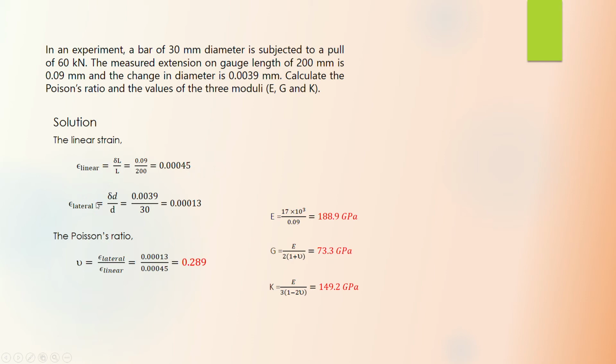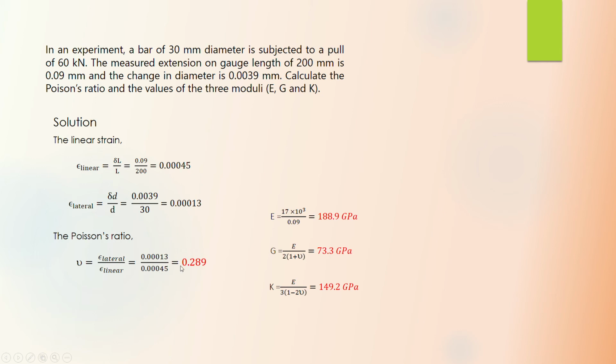And for the lateral, since the direct or linear is along the length, the extension of the gauge length, the lateral you have to consider the diameter. To find the lateral strain, you simply take the change in diameter over the original diameter, 30 mm.